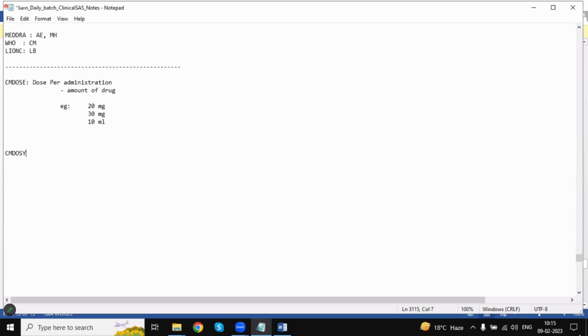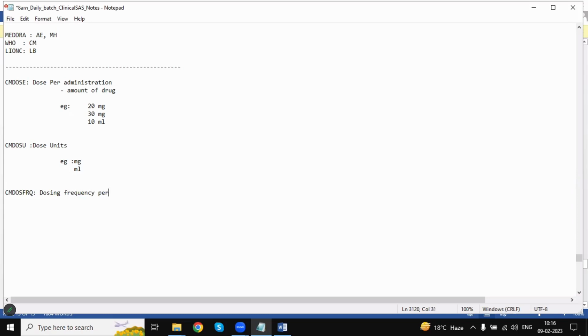CM dose unit. Okay, dose units. So the exact amount details, like 20, 30, 10, will be captured in the dose, and the units, mg and ml, will be captured here. Okay. Next, CM dose frequency.